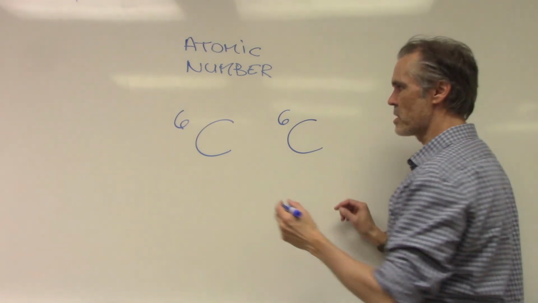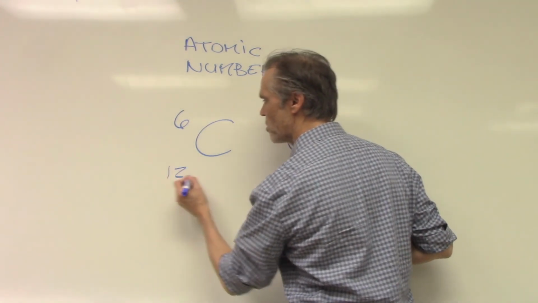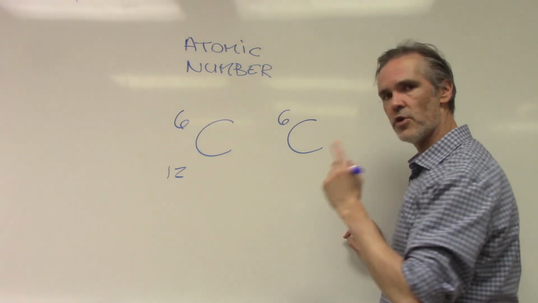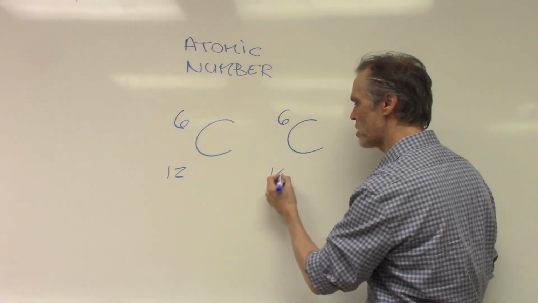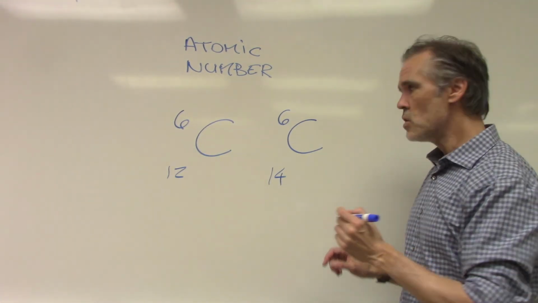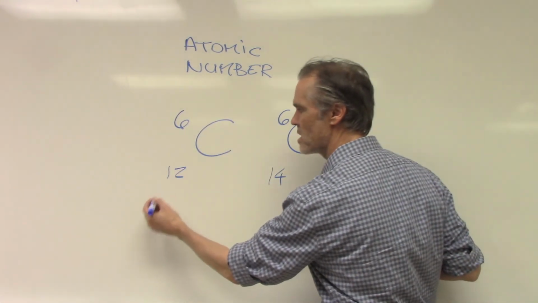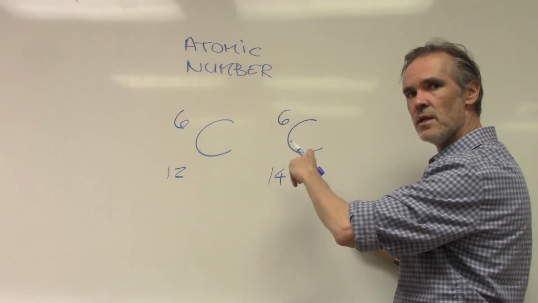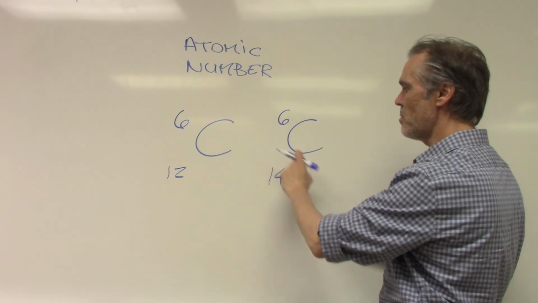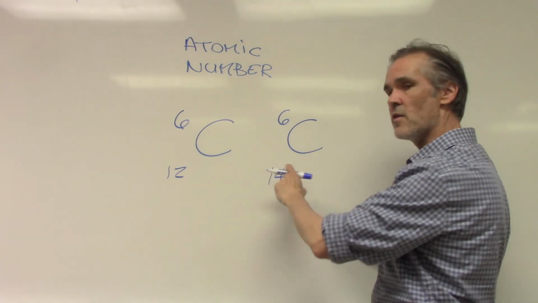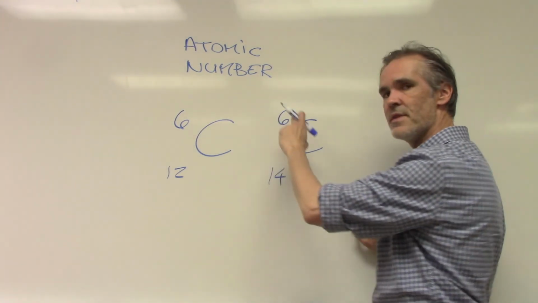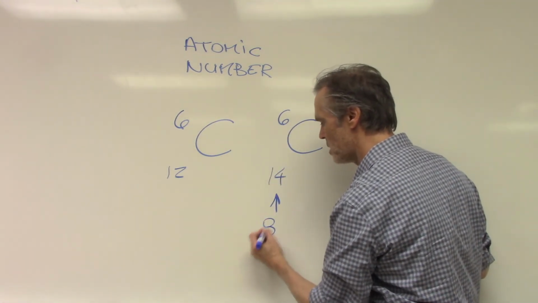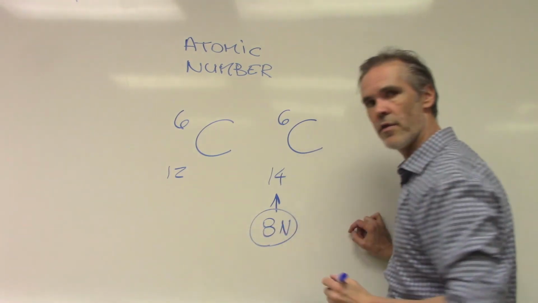Now the example I just gave you has a mass number of 12. But get this, it is also possible for carbon to have a mass number of 14, right? So 6 here, we know that we have 6 protons, 6 neutrons. In this case here, because the atomic mass of that atom is 14, and we know we have 6 protons, we would have 8 neutrons.